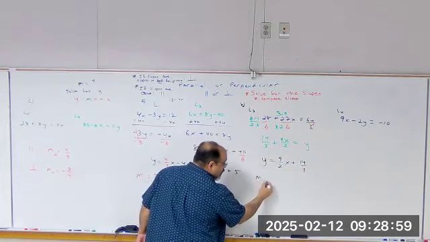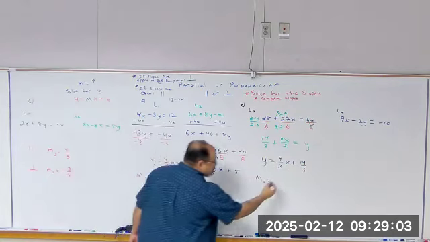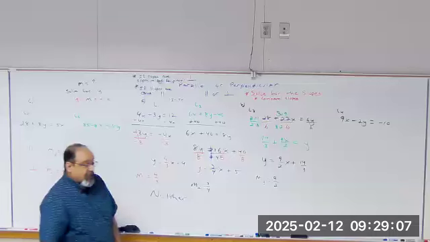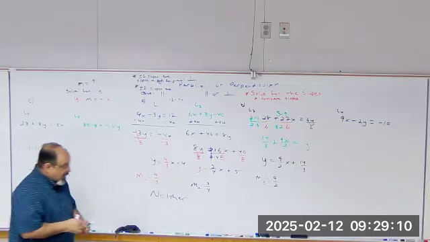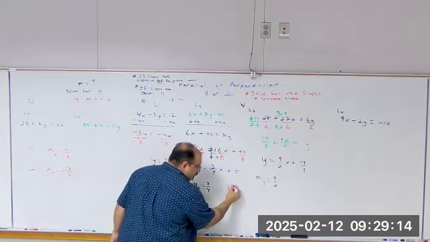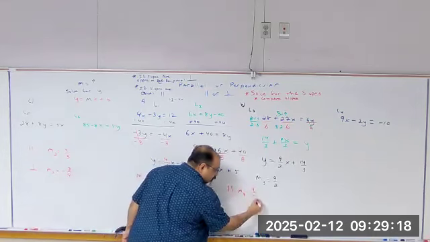So what's the slope of the third line? 9 over 2. So if we think ahead, if they're going to be parallel, then the slope of line 4 would have to be 9 over 2.